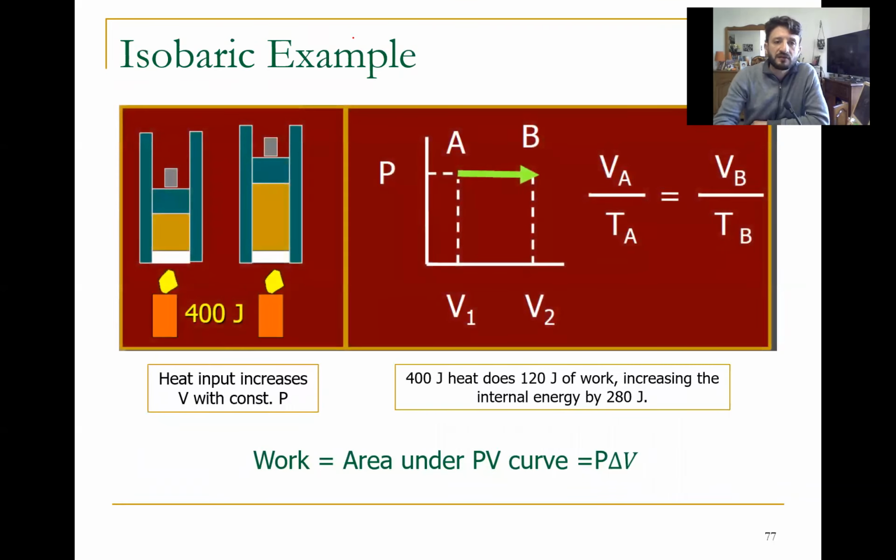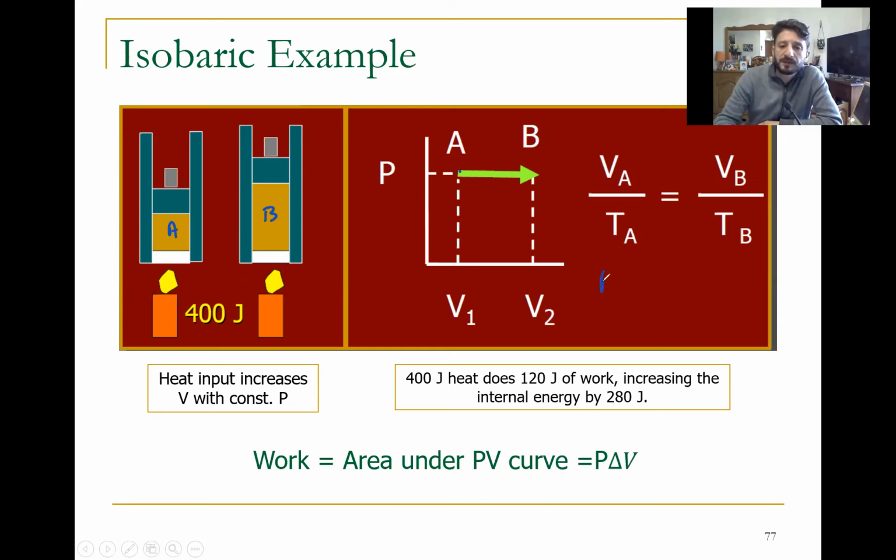Okay, a simple example. Initial state A, we go to the final state B. Initially, we have the state A with VA or V1, and the state B with V2.